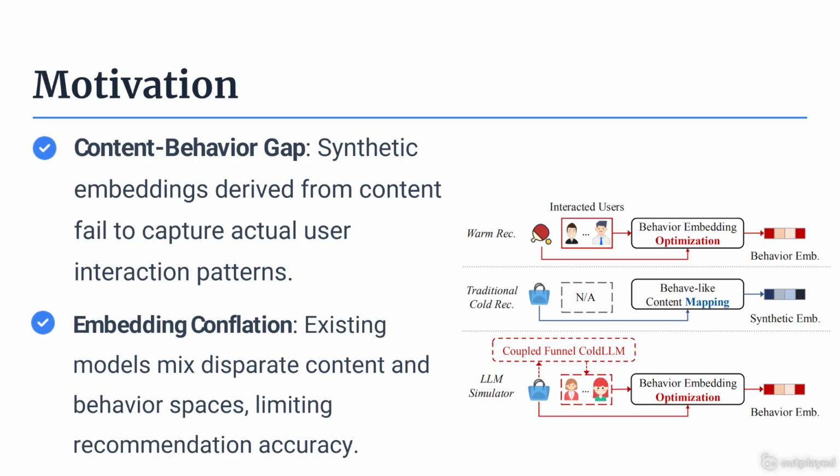Simply put, embeddings derived from content often fail to capture actual user interaction patterns because they mix disparate content and behavior spaces, limiting recommendation accuracy.